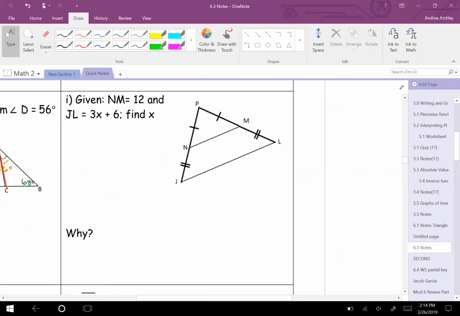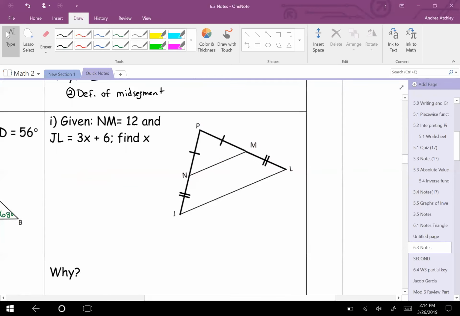Okay, next. I want you guys to do that one in your pairs. We should fix this one if we didn't already, because that was marked wrong.